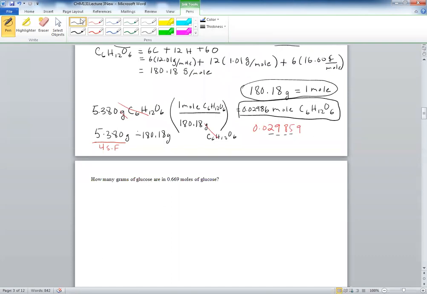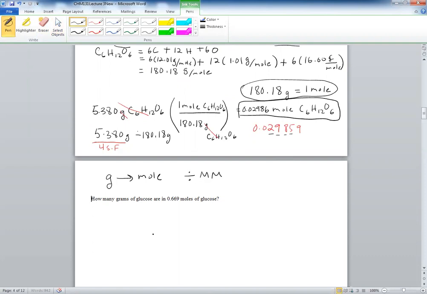Now a quick way of doing this is anytime you have to go from grams to moles, just to keep this simple and show you the quick method, because we need to be able to do this calculation quickly. Anytime you have to go from grams to moles or mass to moles, you need to divide by the molar mass.